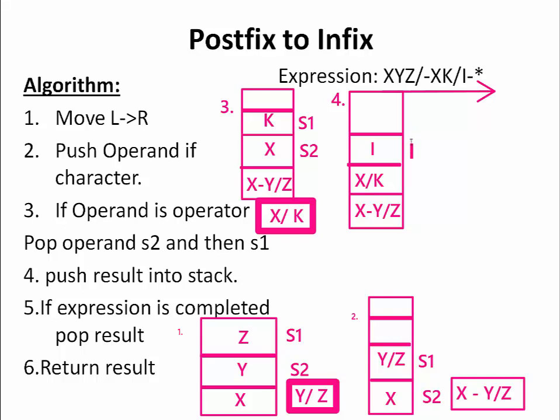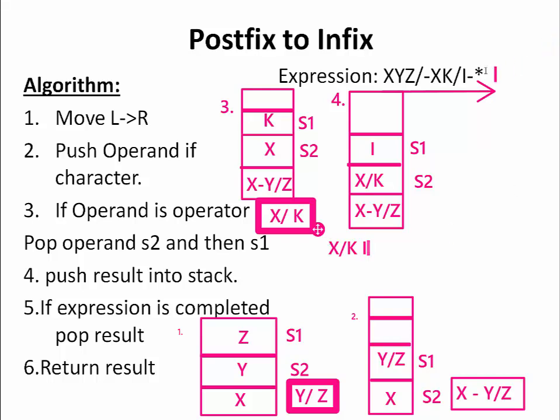Minus is an operator, so here we need to identify the S1 and S2 values. We pop out the S2 value and then S1. X divided by K is S2 and I is the value of S1.